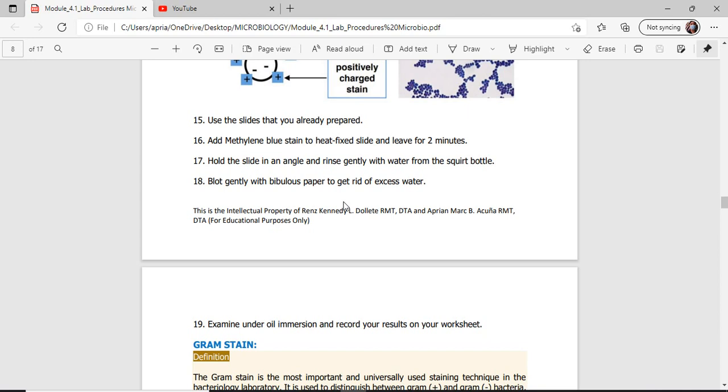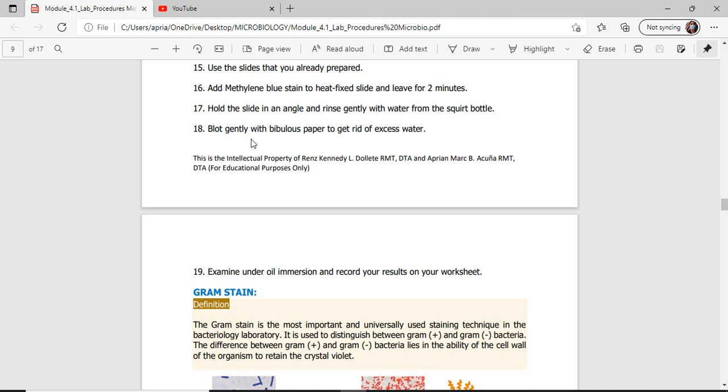Distilled water usually ginagamit, aside sa chemistry, sa aton man nga microbiology. Distilled kasi napabukalan na siya to the level nga wala na gid sang microorganism nga arada. Okay, then blot it gently sa tissue paper to get the excess water.